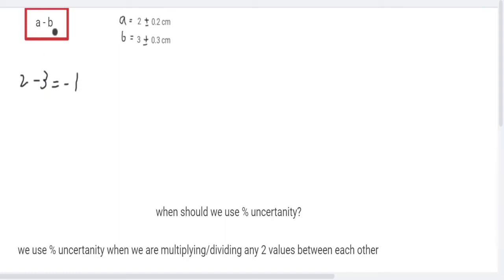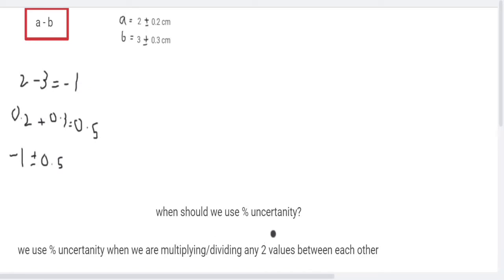So instead of doing 0.2 minus 0.3, I would do 0.2 plus 0.3, which gives me my final answer as 0.5. And this would equal to -1 plus or minus 0.5.